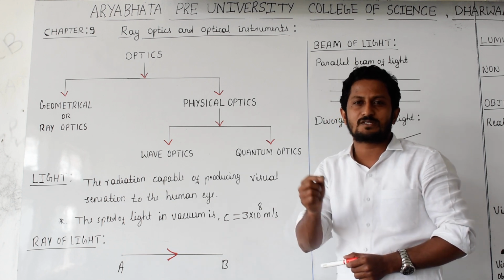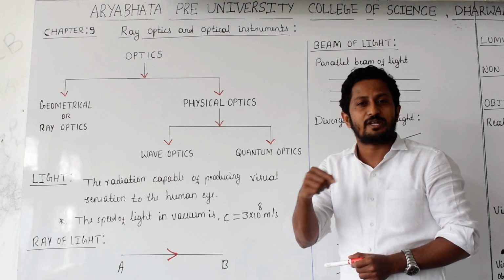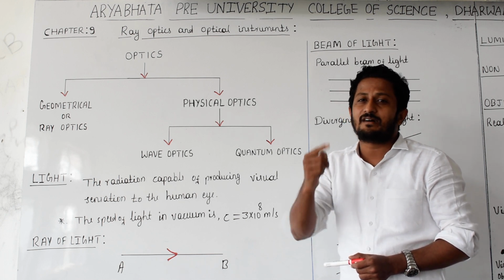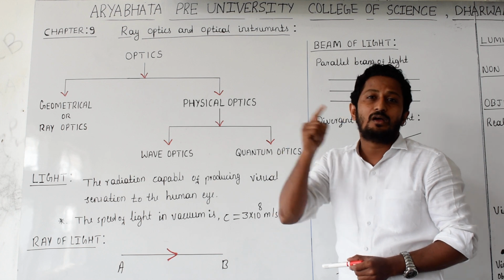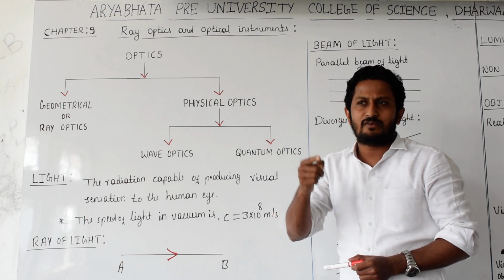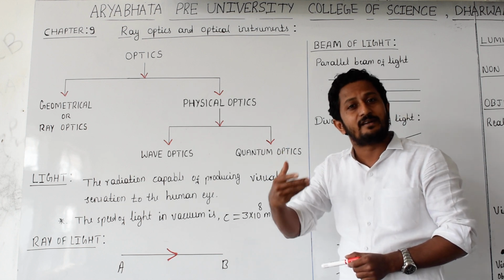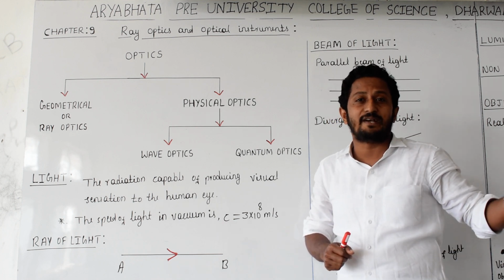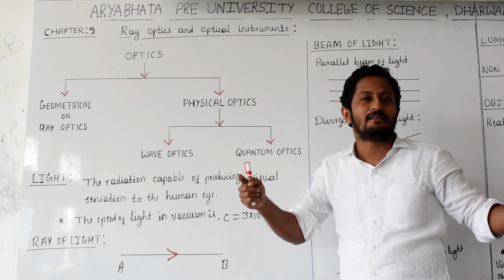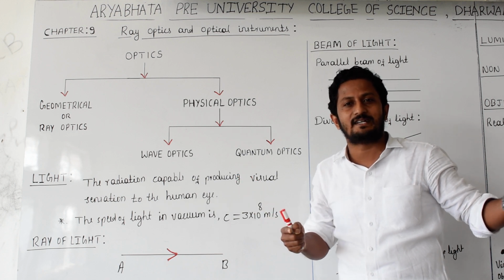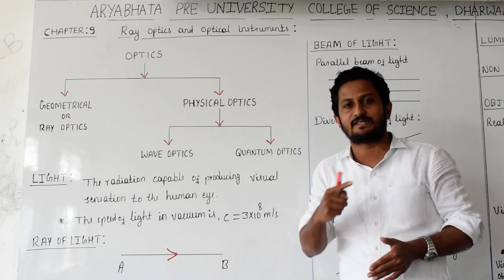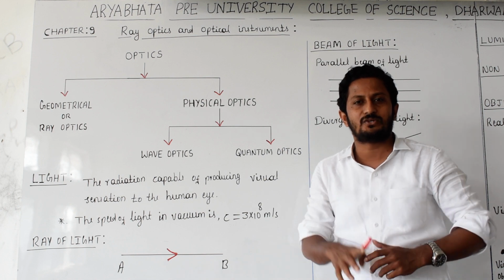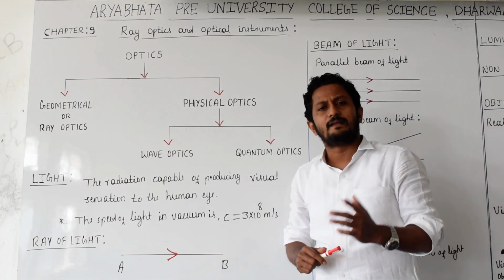We have to use the small c symbol to represent the speed of light in air or vacuum. When we talk about the speed of light in any medium other than air, then we have to represent that speed of light with the symbol V. Have you understood? This is about light.